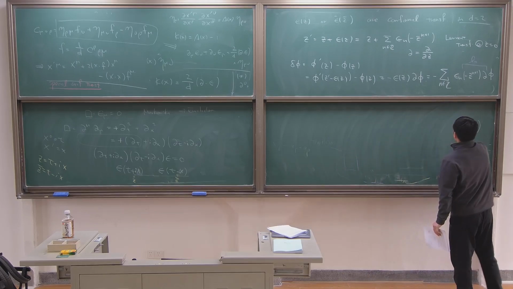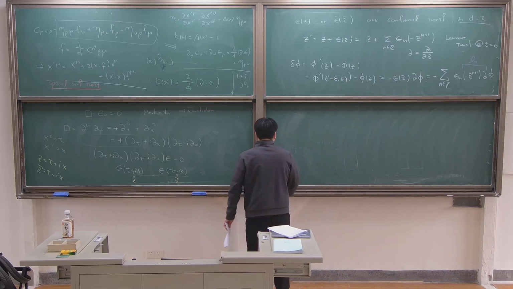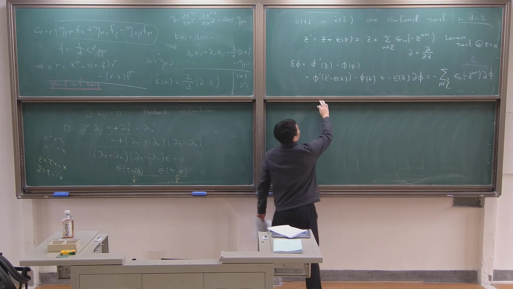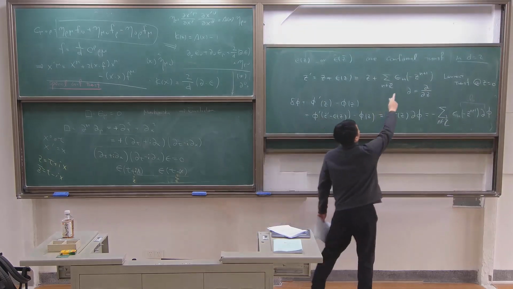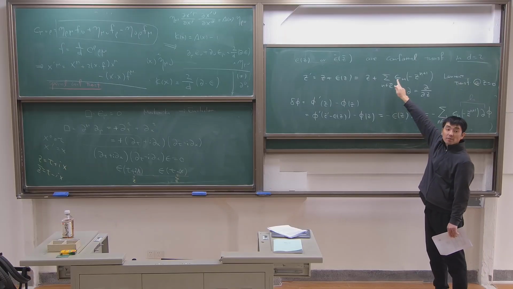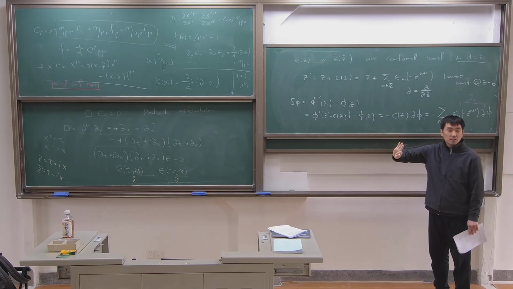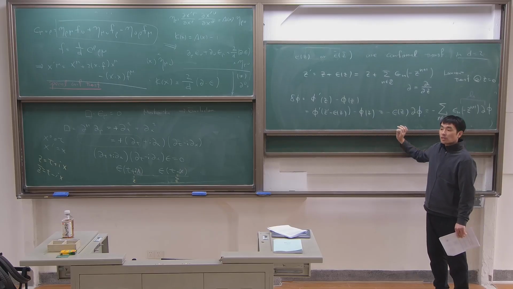Because for any integer n, you can have a non-trivial epsilon n. Therefore there are infinitely many generators for conformal transformations in 2D.